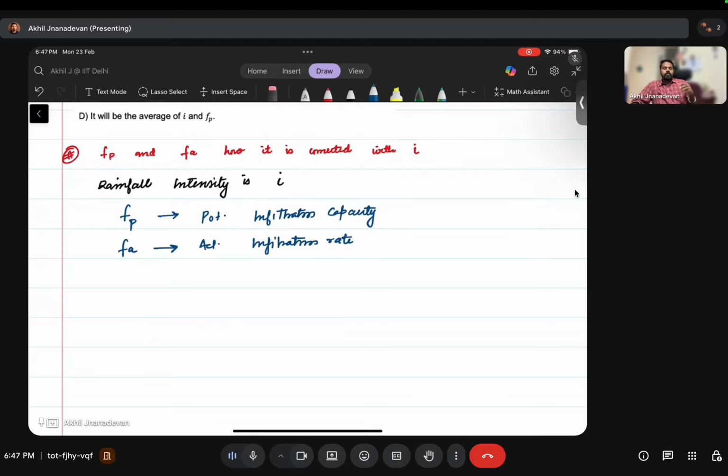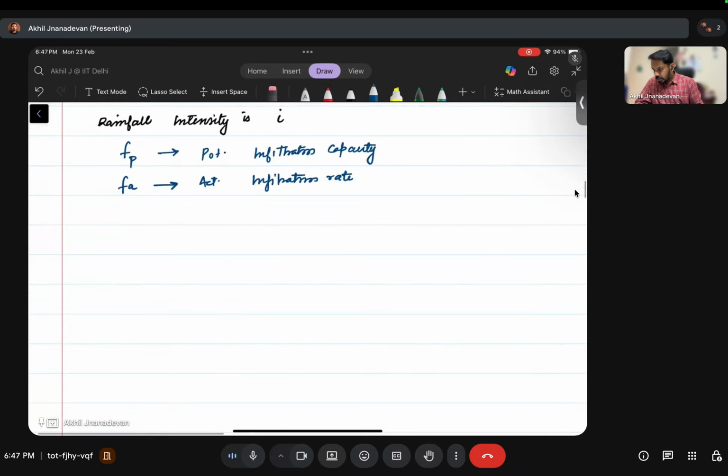If rainfall is happening at a very high intensity, able to satisfy the maximum infiltration capacity, then the infiltration will be taking place at the rate of FP. And if the rainfall intensity is less compared to FP, then the rate at which the infiltration is happening is called the actual infiltration. Right.